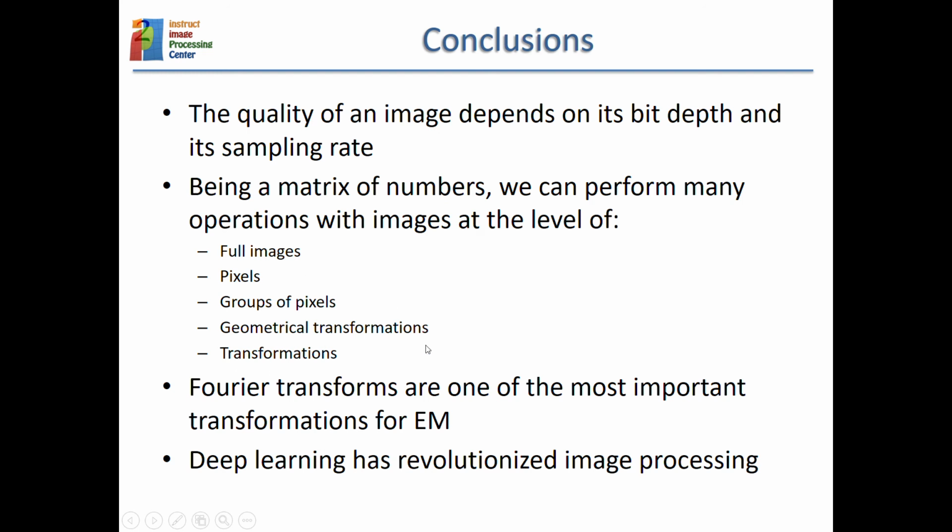Fourier transform is one of the most important transformations that we can do, but those are not the only ones. For instance, we have the wavelet transform that has been used in the field. And in recent years, deep learning has revolutionized the image processing domain, and it is getting more and more incorporated into cryo-EM.